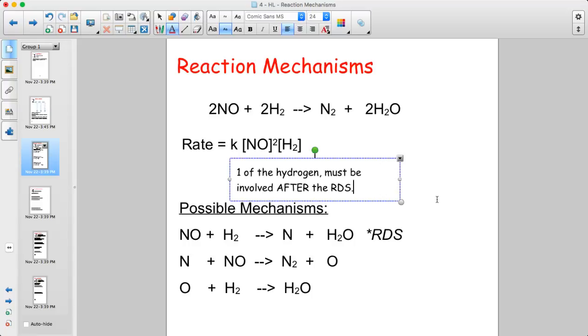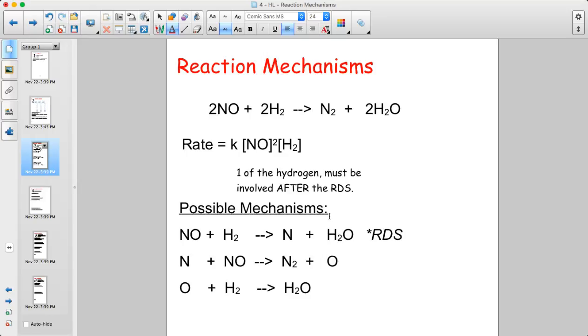Because if both were in or before the rate determining step, they would both show up in the rate equation. Because only one hydrogen is there, one of the hydrogens must be there after that rate determining step.